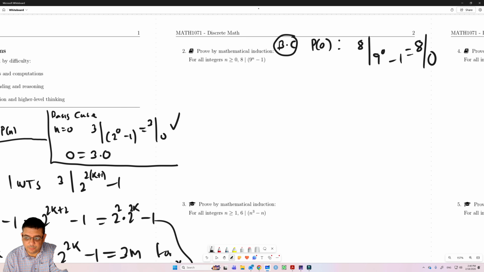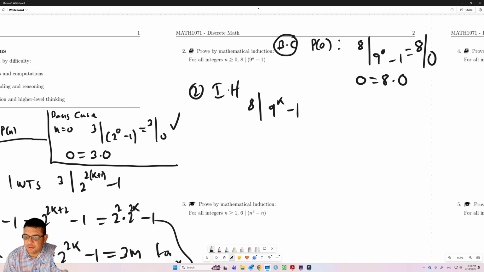And we know that this is true because every number divides 0. 0 can be seen as 8 times 0. So 8 divides 0. Now, step 2, the inductive hypothesis, is that 8 divides 9 to the k minus 1 for some k bigger than or equal to 0.